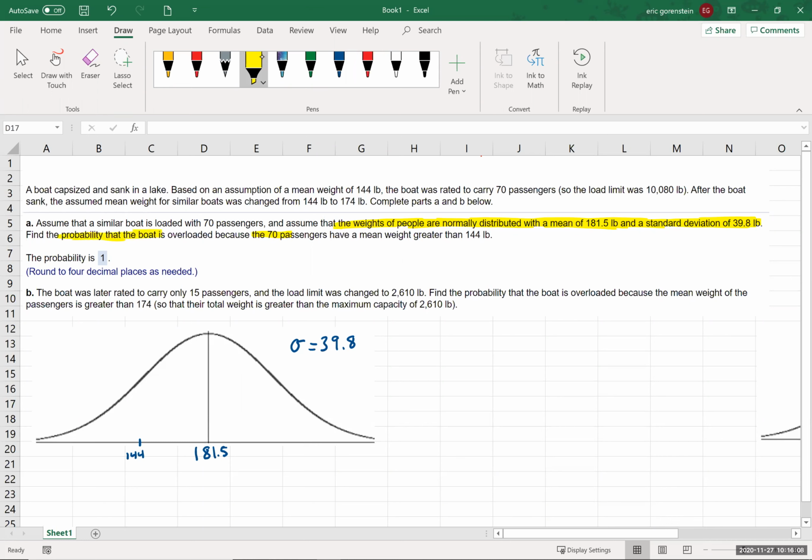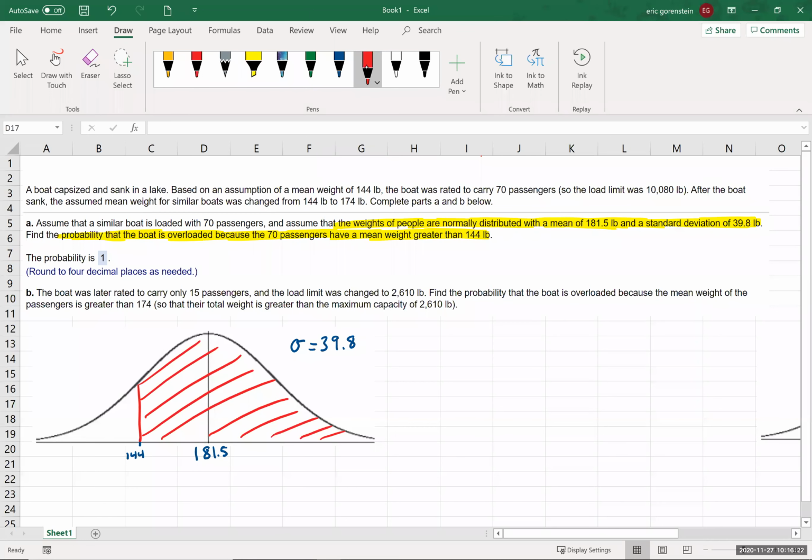So find the probability that the boat is overloaded because the 70 passengers have a mean weight greater than 144. So greater than means area to the right.